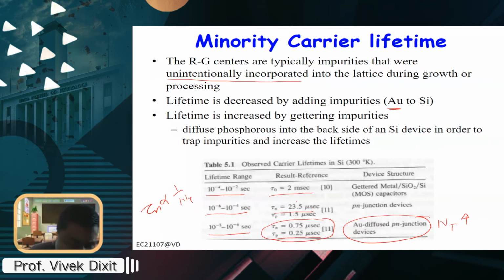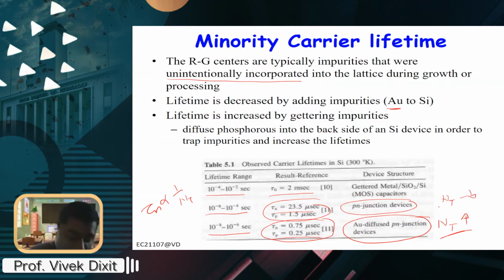If you want some medium range of lifetime for your PN junction devices, then you should not have a large concentration of traps. It should decrease, it should be manageable basically.